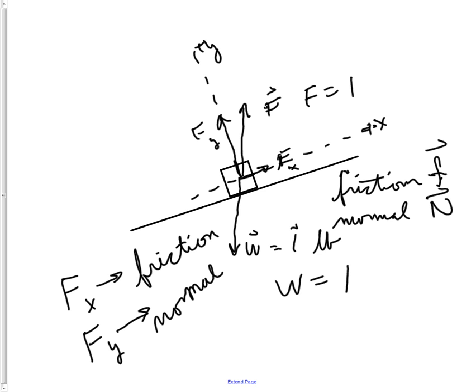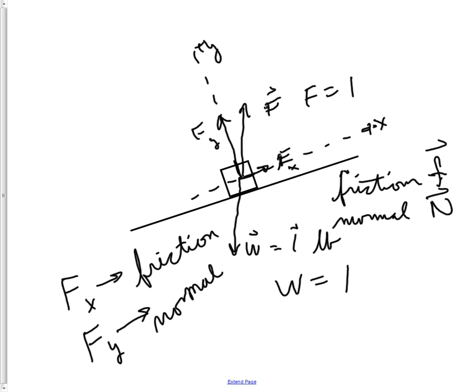So although when we start doing more complicated problems, we're going to talk about frictional force and normal forces, I want everybody to remember that these are just the two components of the force of contact between the surfaces which are in contact. And we'll talk in more detail, of course, about friction later on.